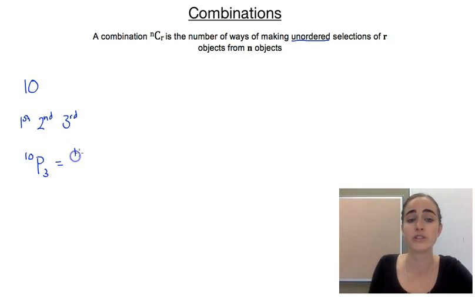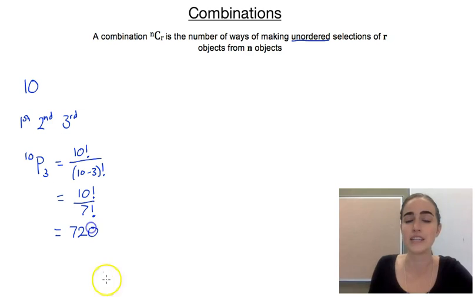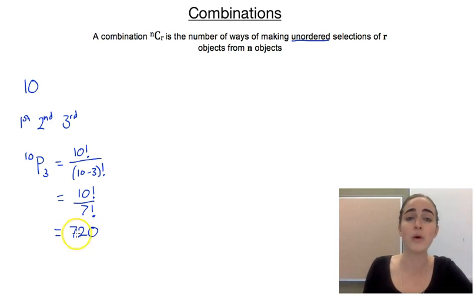That is equivalent to 10 factorial over (10 minus 3) factorial, which is 10 factorial over 7 factorial, and that gives us 720. So there are 720 possible ways of people coming first, second, and third out of a total of 10 people.